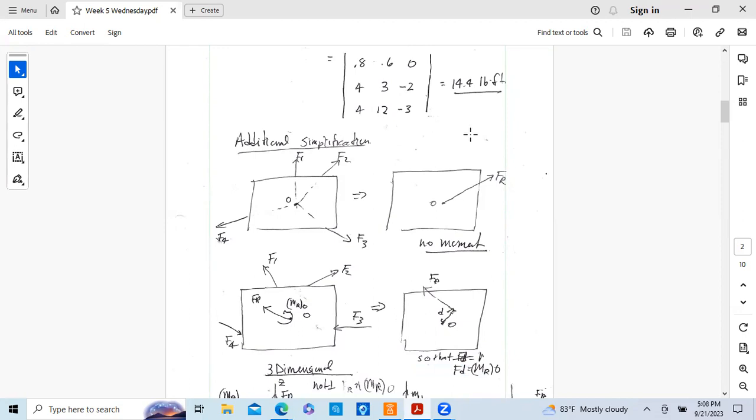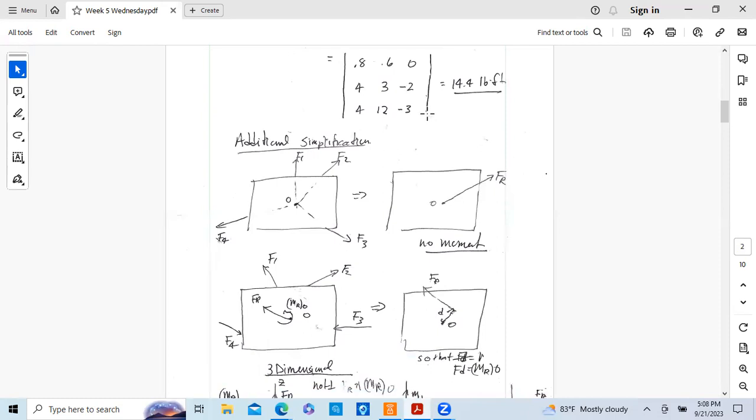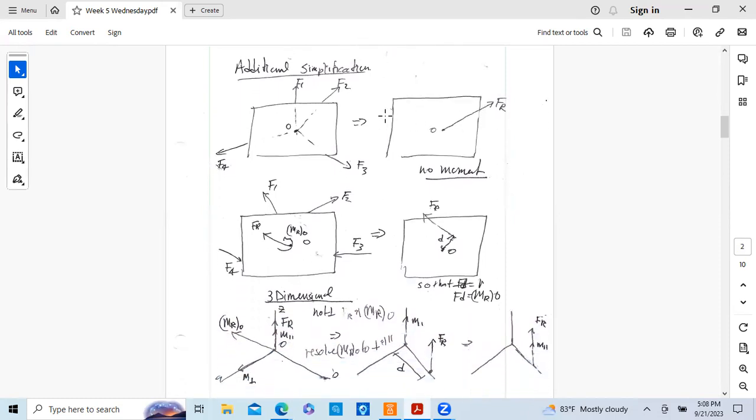Okay, so there's additional simplification for these problems, just as a brief review in what we're looking at. We have a general object or body. I have 4 forces acting on this body.